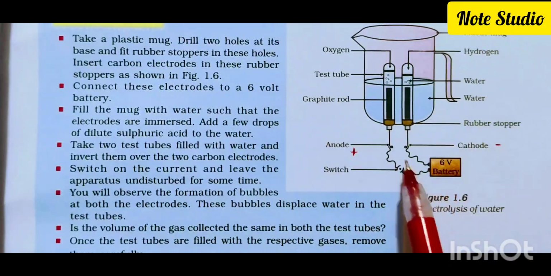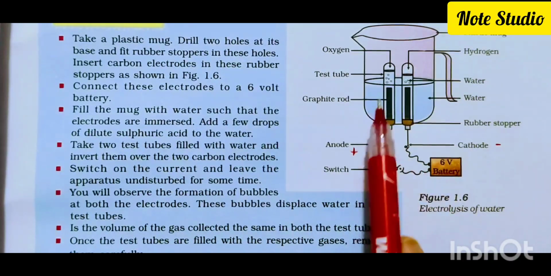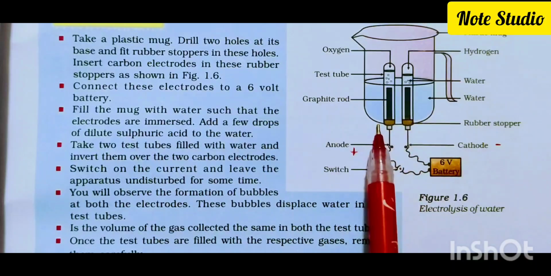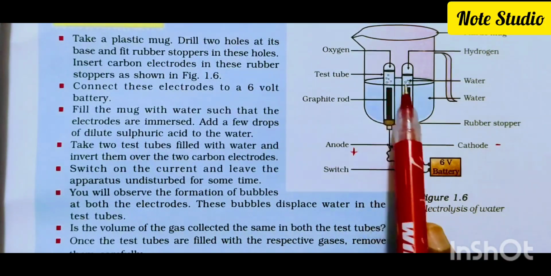So when we pass the electricity, as shown in the next step, you will observe the formation of bubbles at both the electrodes. These bubbles displace water in the test tube. When we pass the electricity through this water, immediately inside these test tubes we can see the formation of bubbles.